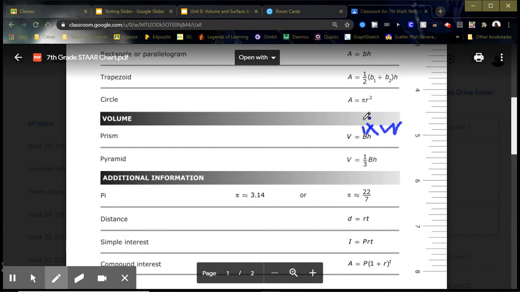On a triangular prism, which we're going to go over on Monday, it's going to be a little bit different because the area of a triangle is different. So we need to remember that. Remember this and use it. It's got area, it's got pi, it's got your distance formula and simple and compound interest formulas on here.